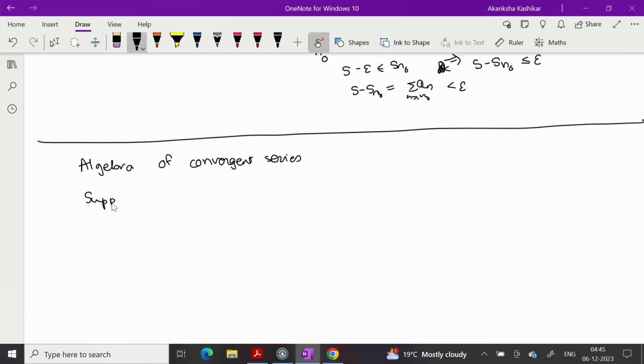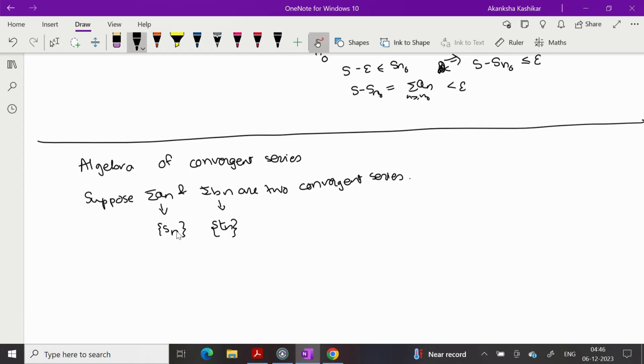So suppose summation an and summation bn are two convergent series. Then what does it mean? It means that the corresponding sequence of partial sums, suppose I denote by Sn the sequence of partial sums for an, and by Tn the sequence of partial sums for bn.